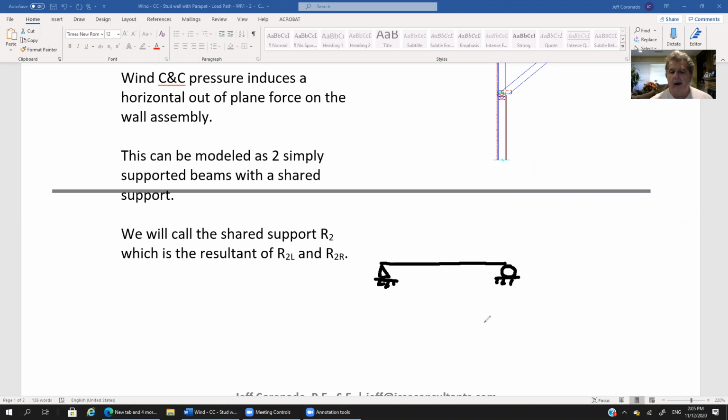Right, there's the full height stud. So that's one of the two studs that we have. Let me use red to model the parapet portion of the stud, that cripple stud. I call it a cripple because it's not quite a full height stud. Let me draw this a little bit shorter so that it's more apparent.